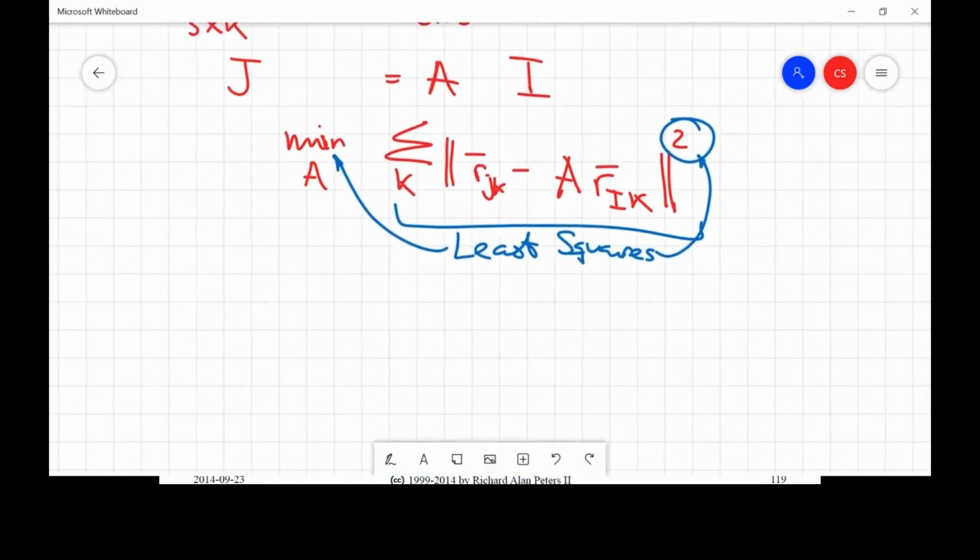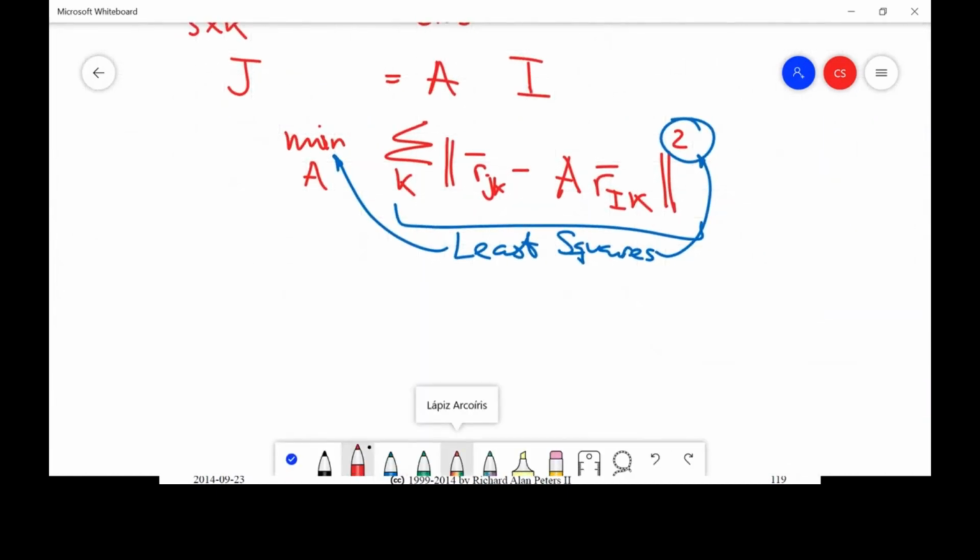So we have this equation system. We have J is equal to A times I, so let's put the sizes. This is 3 times K, this is 3 times 3, this is 3 times K. So in principle, I would like to multiply on the right by the inverse of I, and that would be it.